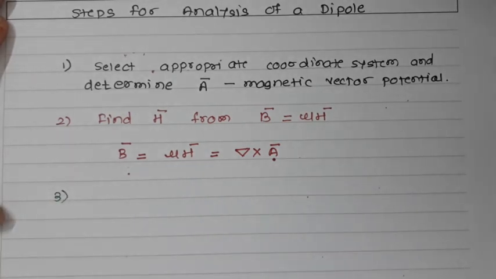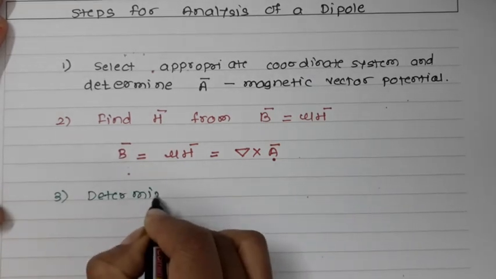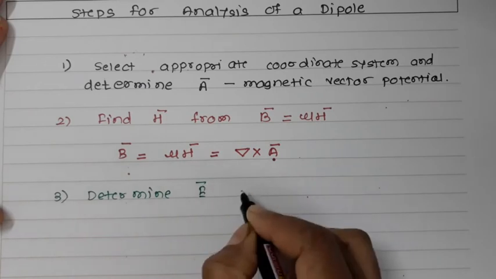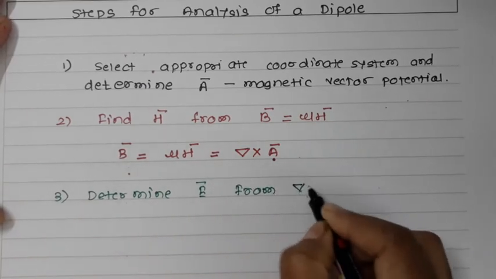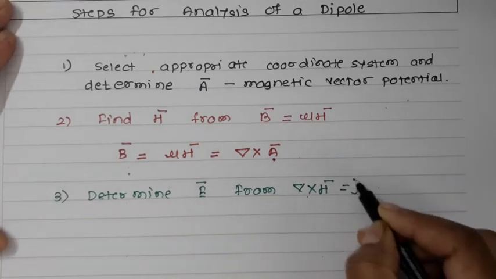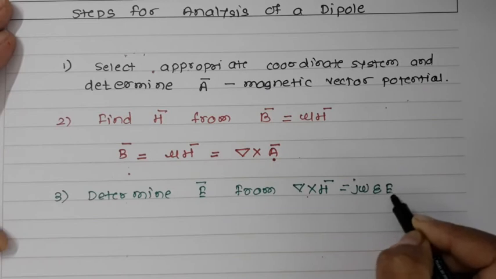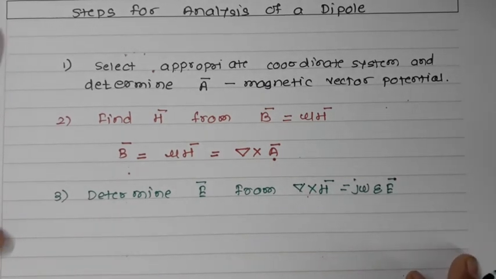Now determine E bar. So the fourth step says that determine E bar. Now how you are going to determine E bar? Del cross H bar, which is nothing but j omega epsilon E bar. So how we are going to find out this particular E bar?